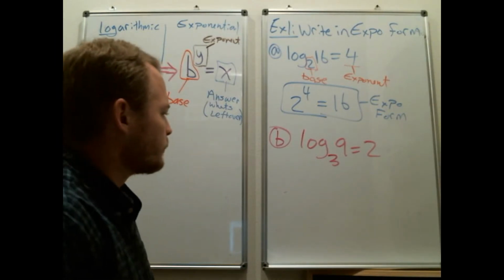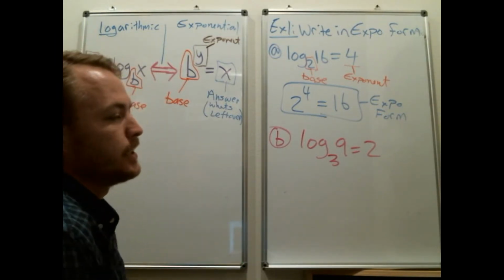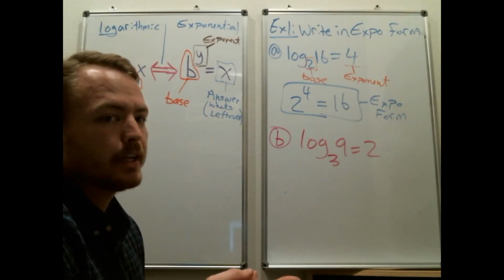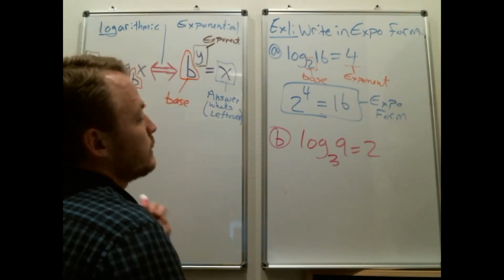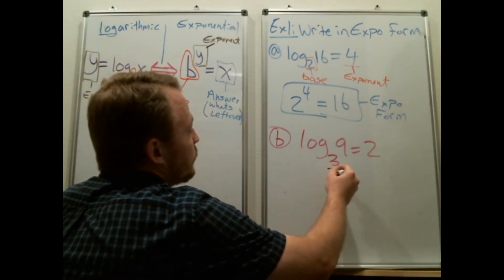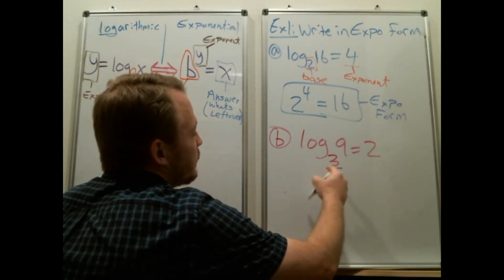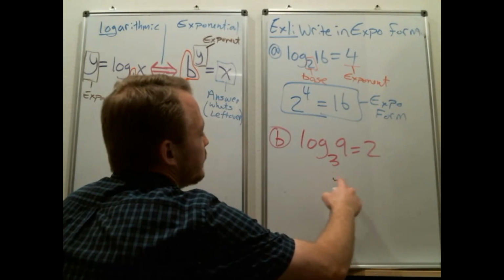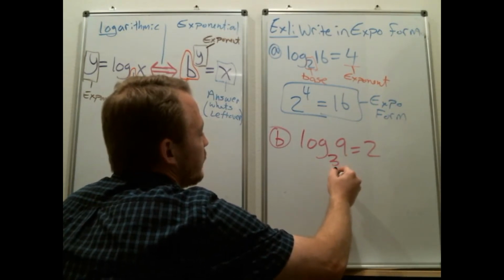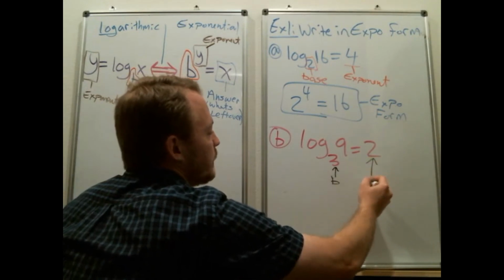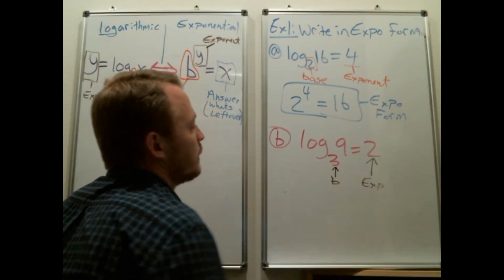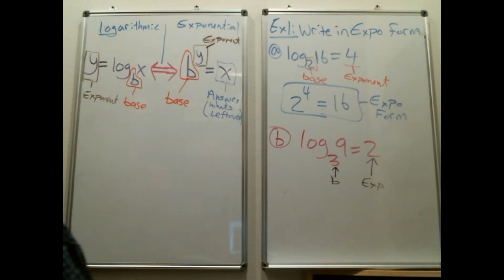Alright. So first things first, I need to identify my base and my exponent. So my base here is 3. That's my base. And here, that's my exponent. And then now I can identify that 9 is what's left over.